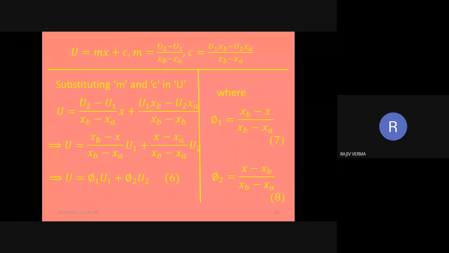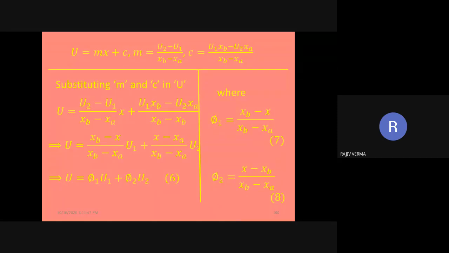Also note that both phi1 and phi2 happen to be linear expressions of x. Both phi1 and phi2 contain x. They do not contain nonlinear terms of x. Both of them are linear expressions of x.